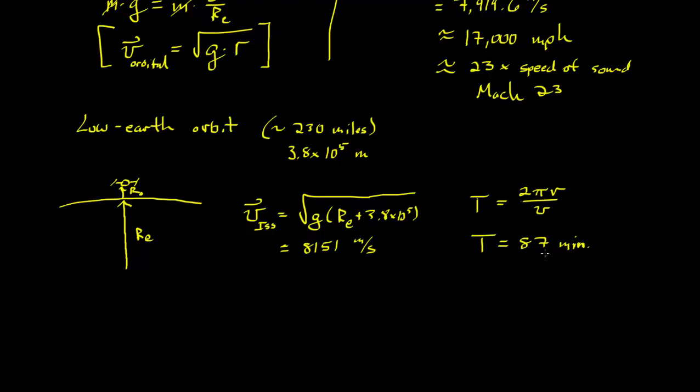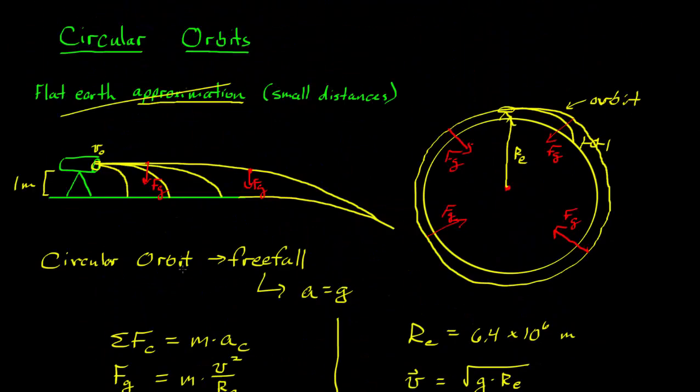It's about 92, 93. So we're off by about 5 minutes. But that comes from this, which then comes from this. So we'll need to come back, and we'll do that in a couple weeks. We'll come back and we'll talk about gravity, and we'll fix this whole orbital thing. But for now, that's about all that you need to know. So just using circular motion, tying it to the force of gravity, and everything is good.